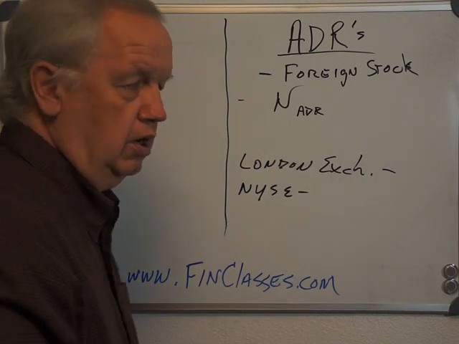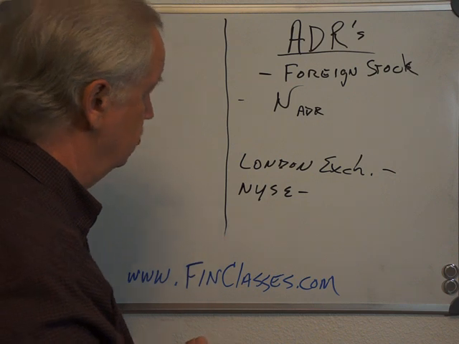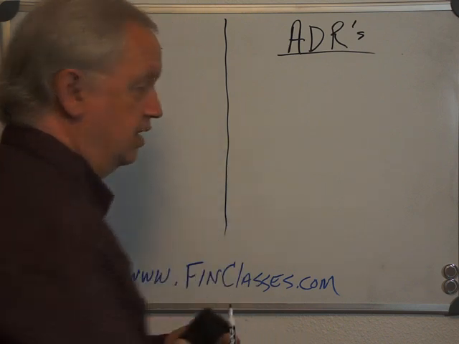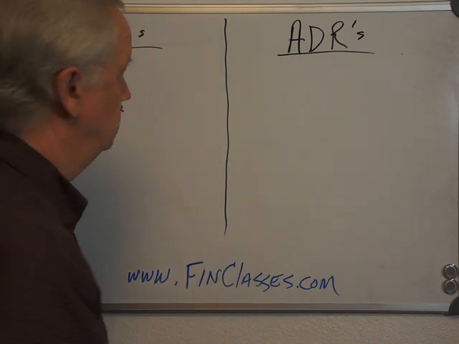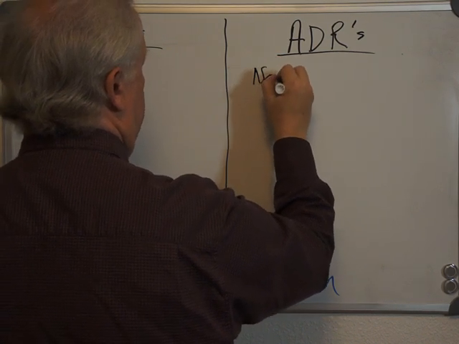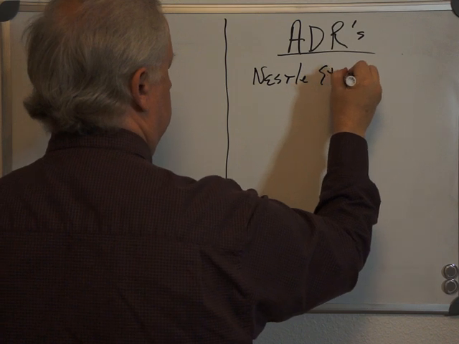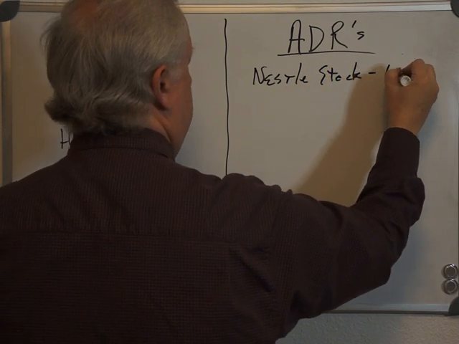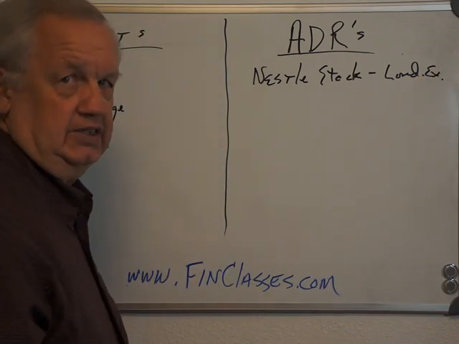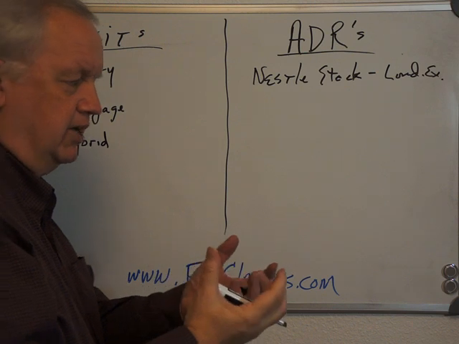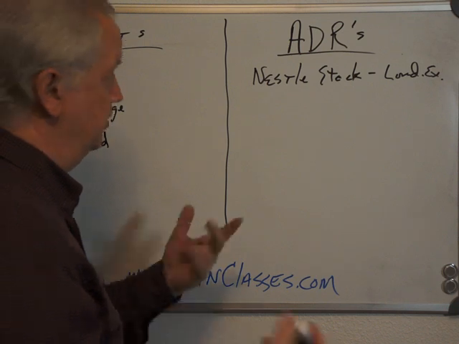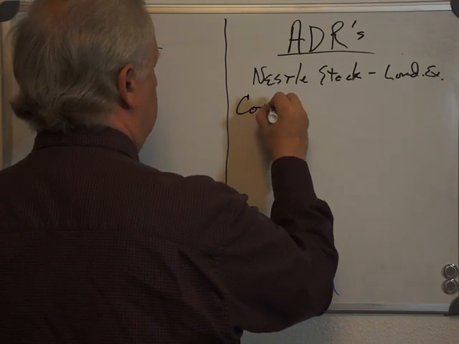So how does this come about? A commercial bank goes to the London Exchange and they buy a bunch of Nestle stock. They then securitize it. Securitize it means make something a security. Well, Nestle stock is already a security, but what they're doing, this is done by a commercial bank.